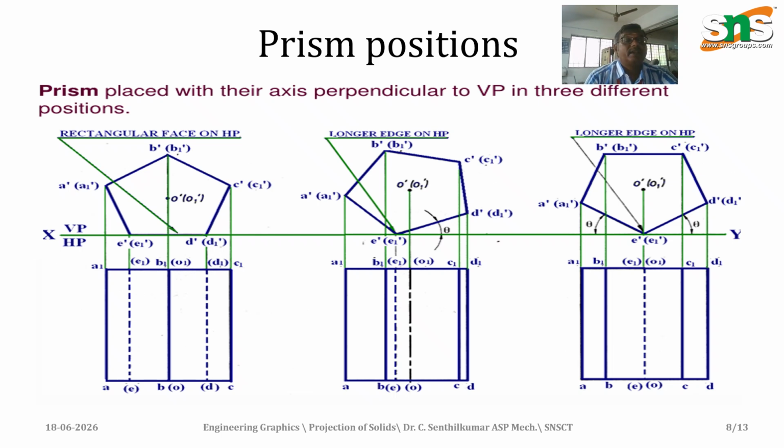When we go for the pentagon, we get 72 degrees. We divide it into 72 degrees here, and mark A, B, C, D, E. The back side we indicate inside brackets. So in the front view, A dash, B dash, C dash, D dash, E dash. For the back side, A1 dash, B1 dash, C1 dash, D1 dash, E1 dash to differentiate it. The center axis we indicate as O dash or O1 dash. So this is the front view.